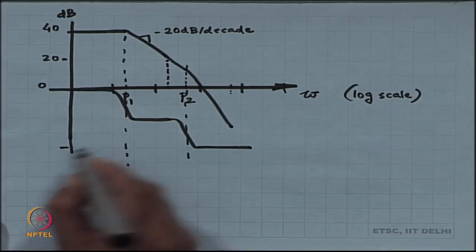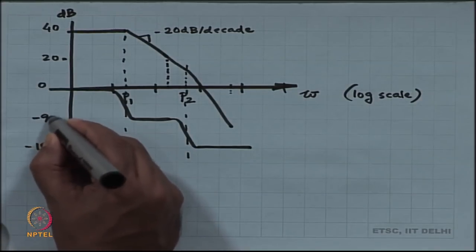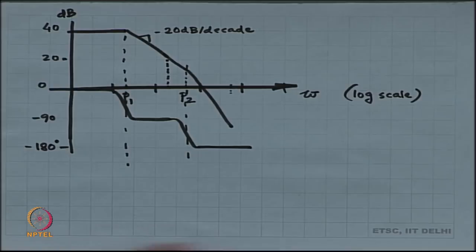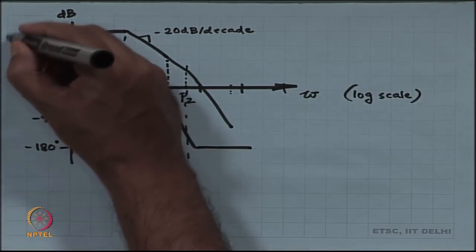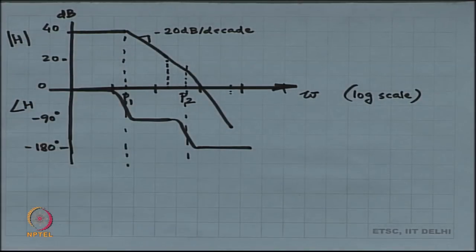Something like this. All right, this is going to be your Bode plot of a two pole system.